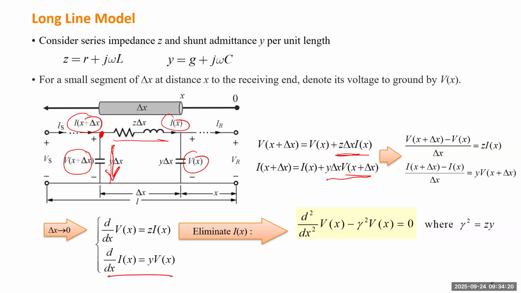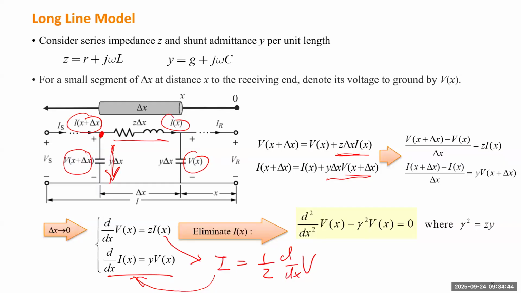So we first solve for current, then plug into the other equation. From the first equation, we can know I is equal to 1 over z multiplied by dV by ds. Then we plug I into the second equation.